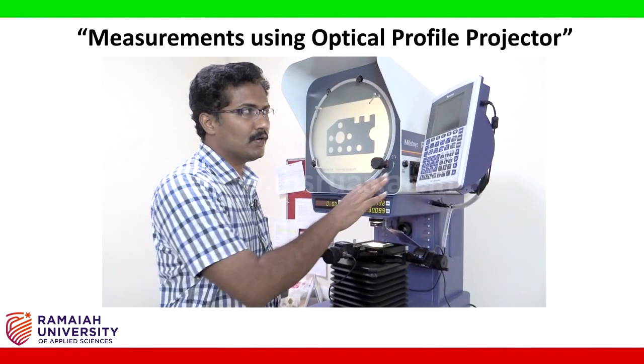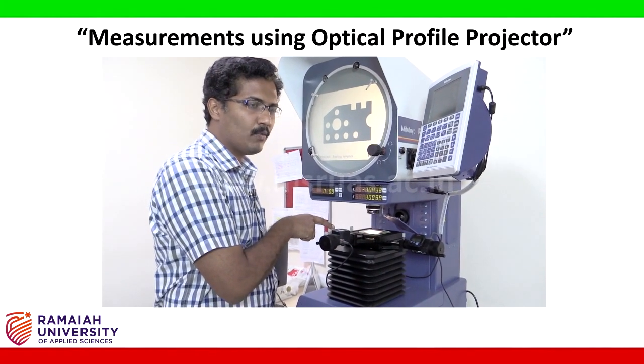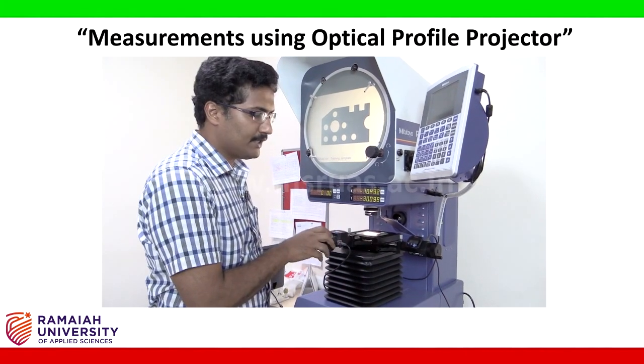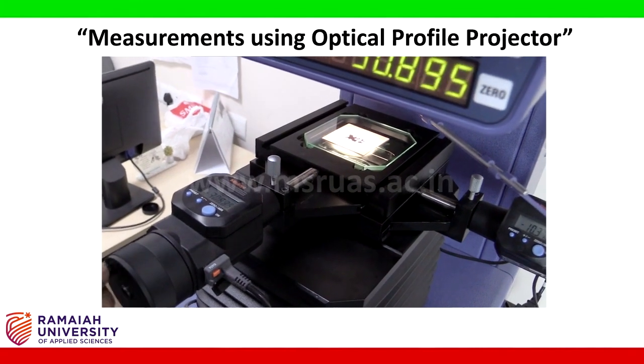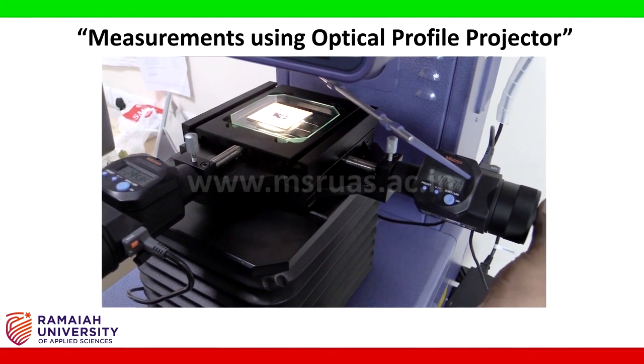Now, before switching on the QM data, make sure you are having a reading on the y-axis counter and the x-axis counter. If you are not having a reading, just give a gentle rotation to the left or the right and make sure your XY counters are reading.